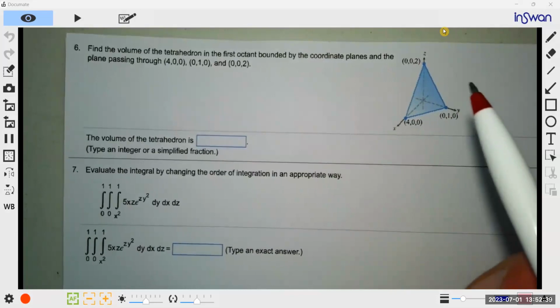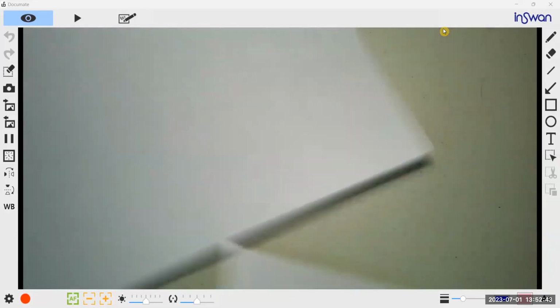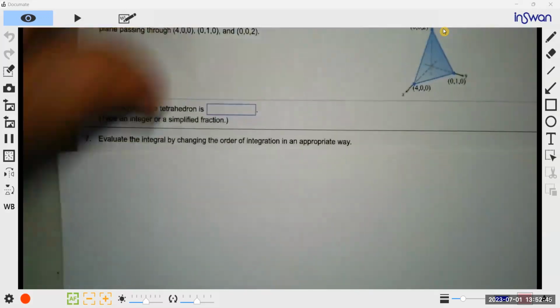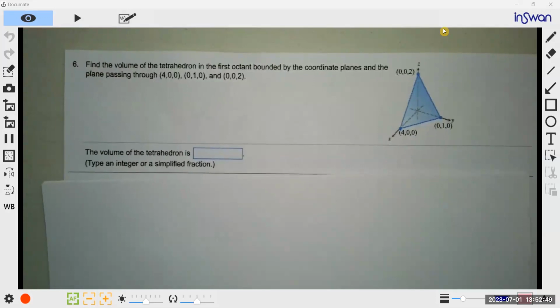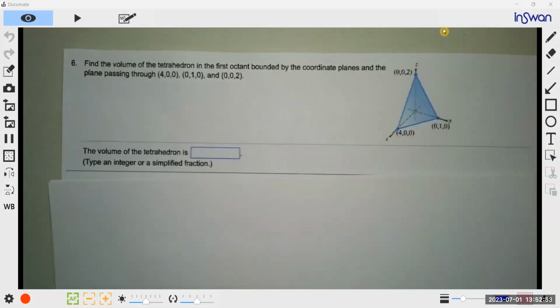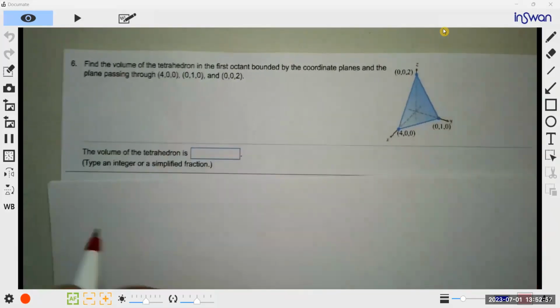Okay, let's stick with this one. Whenever you're given just the coordinates, then we have to use the cross product or find the matrix size.